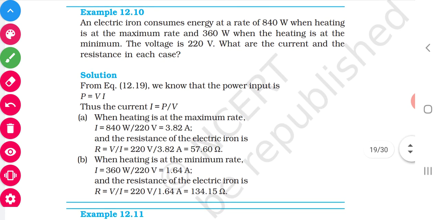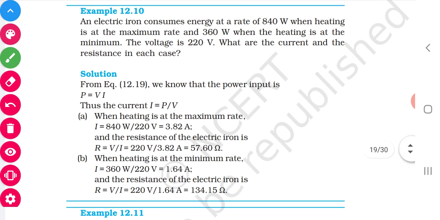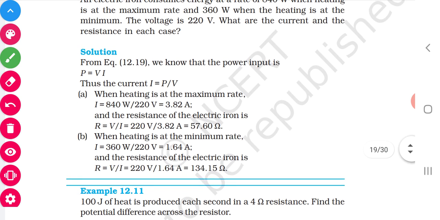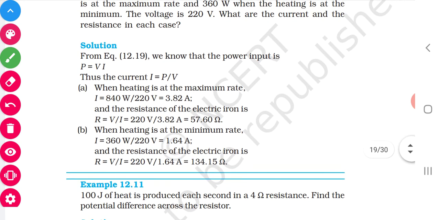The voltage is given. They are asking the current and the resistance in each case. So first we have to find the current and resistance at maximum, and the current and resistance at minimum.